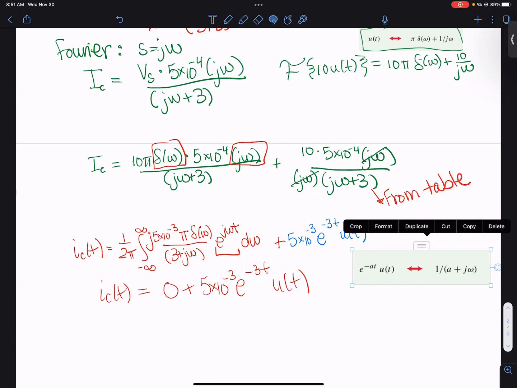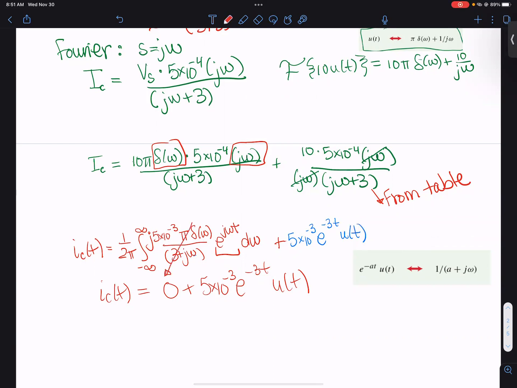As we integrate this delta function, we only get an integration at one point, and that ends up going to 0 for that term.